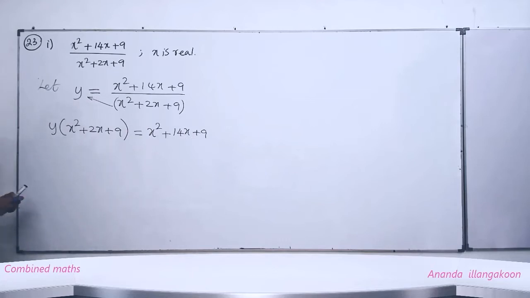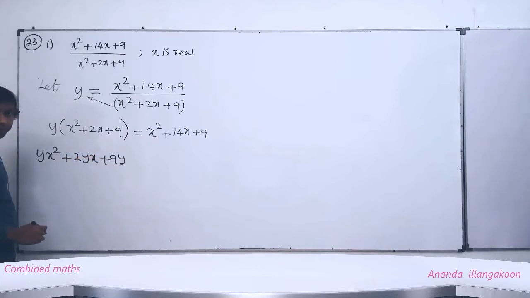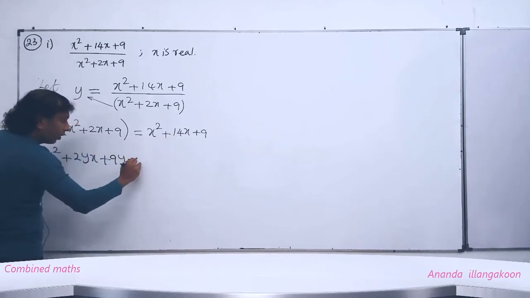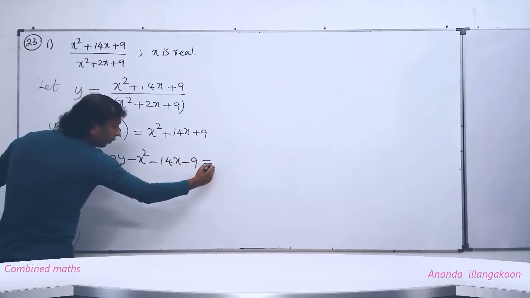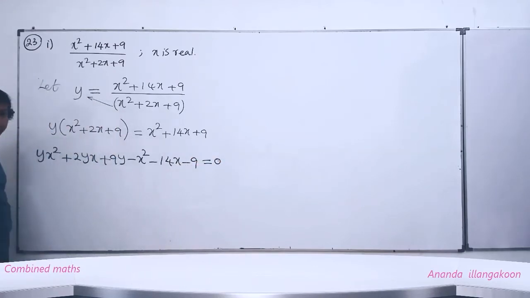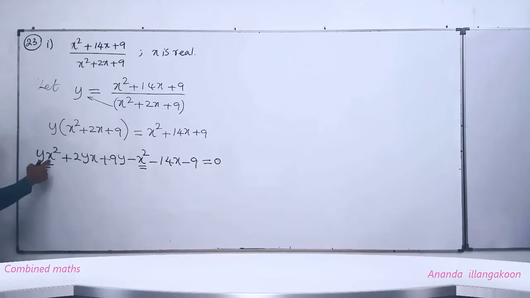Now first remove the bracket. Yx squared plus 2yx plus 9y. And take the right hand side terms to the left hand side: minus x squared minus 14x minus 9 equals 0. Now here we have an x squared term and here another x squared term. We'll take the x squared term out.